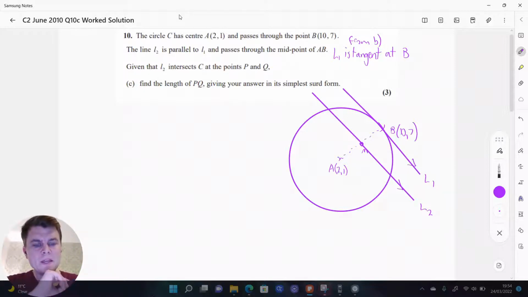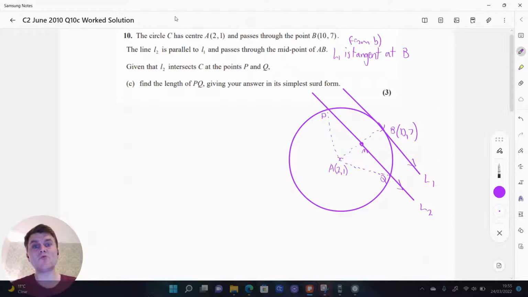So we just have a little think about what it is that we need to work out. We know that that point there is P, and this point here is Q. We are trying to work out the length of PQ. Given that this is a circle, we can draw in a line there and a line there.